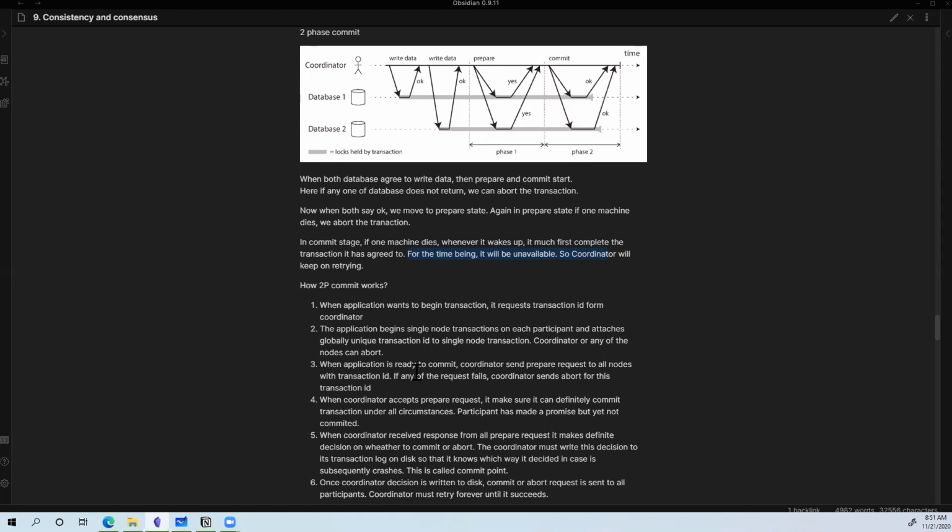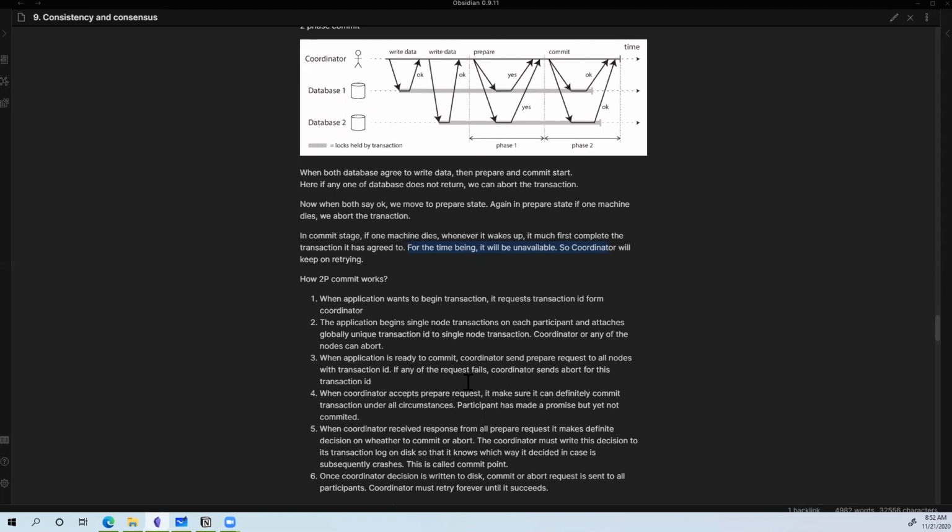When the application is ready to commit, the coordinator sends a prepare request to all the nodes with the transaction ID. If any of the requests fails, the coordinator sends abort for that transaction ID. When a participant accepts a prepare request, it makes sure it can definitely commit the transaction under all circumstances. The participant has made a promise, but not yet committed. So at this point, both the participants have made the promise, but they have still not committed the value.